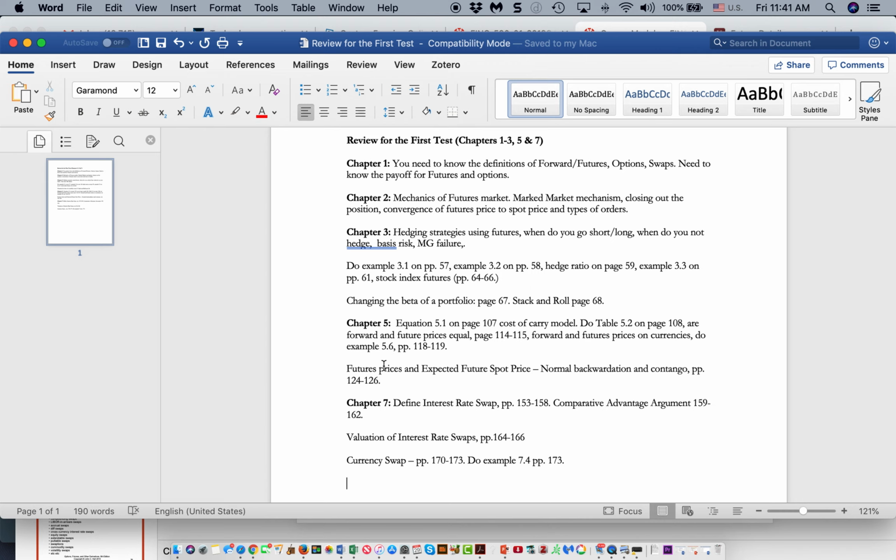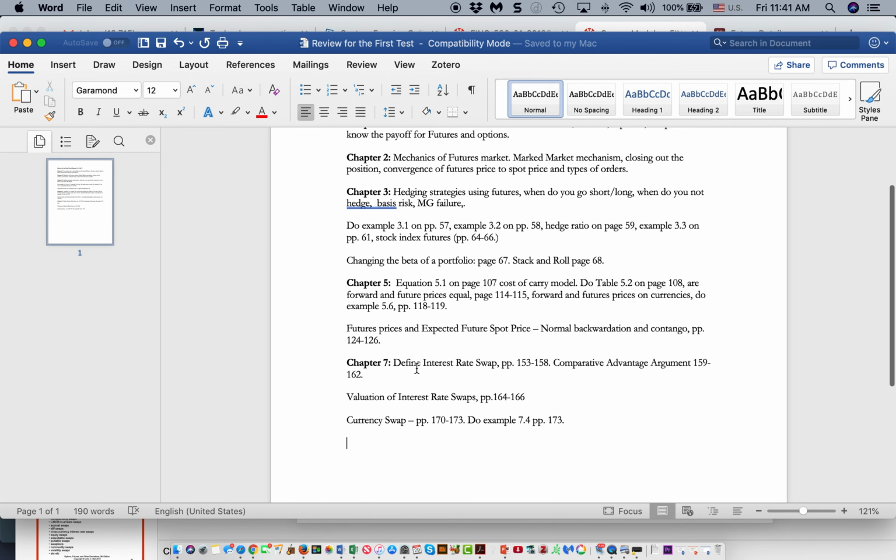In the same way for chapter 5, I am emphasizing those equations so that you focus on them in view of the midterm exam. And for chapter 7, these are the things you need to focus on: pages 153 to 158 and 159 to 162, and then the valuation of this.